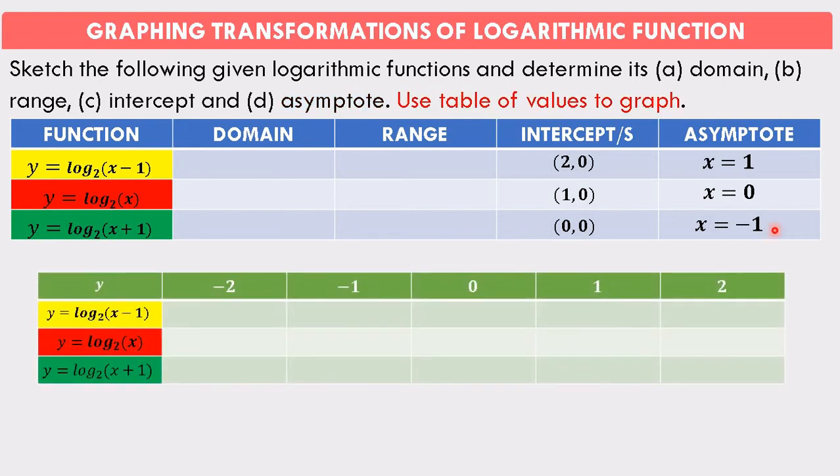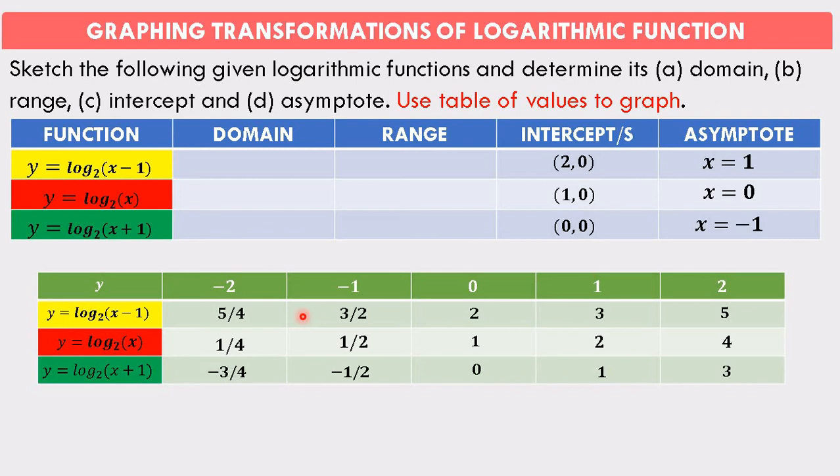Okay, then construct a table of values. We have these assumed x values. Just like in the exponential function, we just need to substitute these assumed x values into the function to find the corresponding y values. So let's substitute.